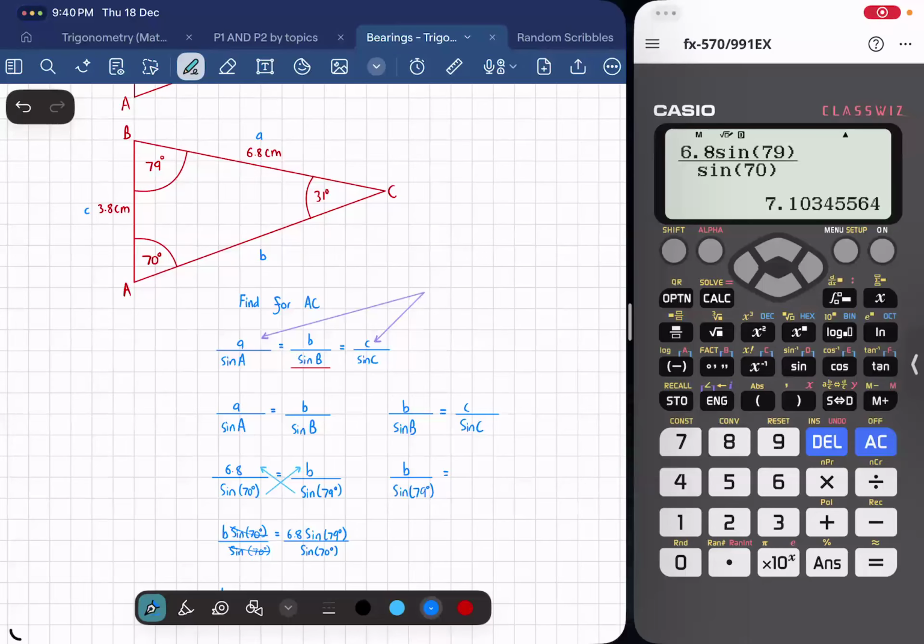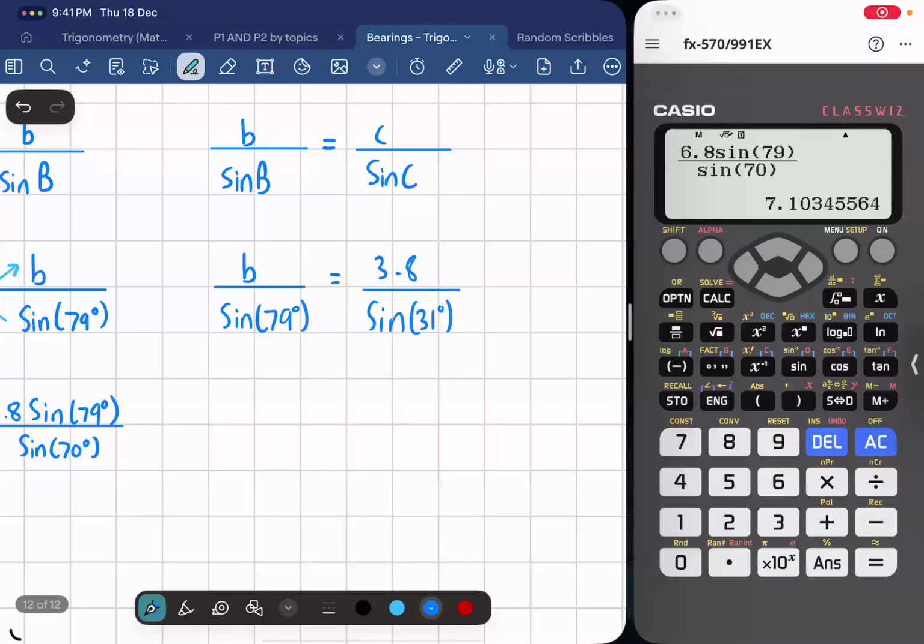Could you tell me what length C was? 3.8. And what was angle C? 31 degrees.